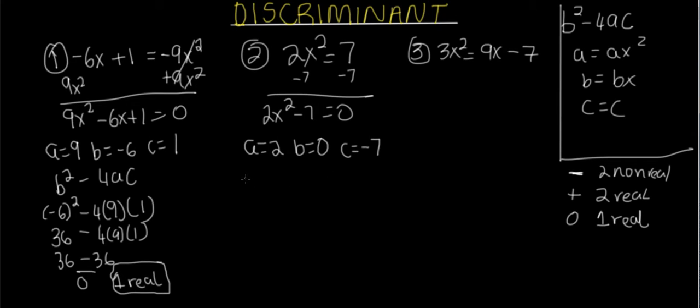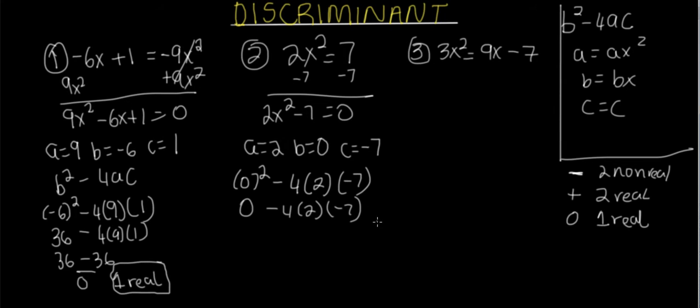I am ready to plug these into my formula, which is b squared. B is 0, so 0 squared minus 4 times a, which is 2, times c, which is a negative 7. Again, exponents go first. 0 times 0 is just 0. I'm just going to drop these down. Then multiply these.